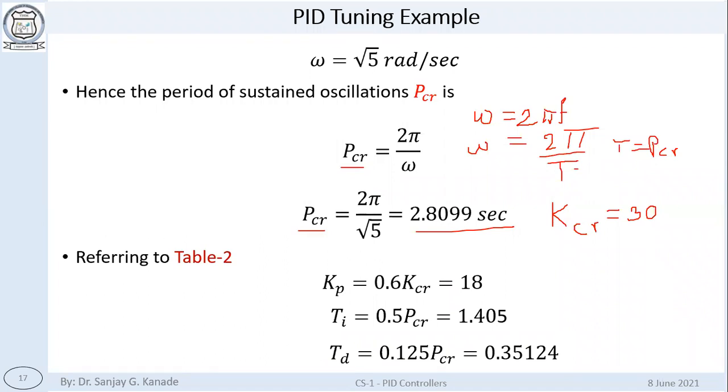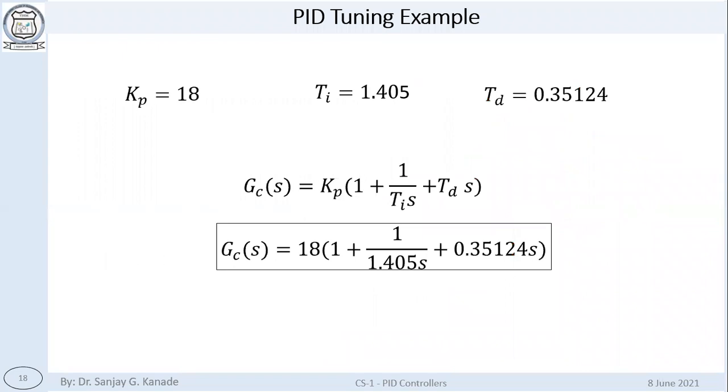Now we got the three constants, Kp, Ti, Td. These are the parameters of the PID controller transfer function. See, this is the equation that I have given you earlier.